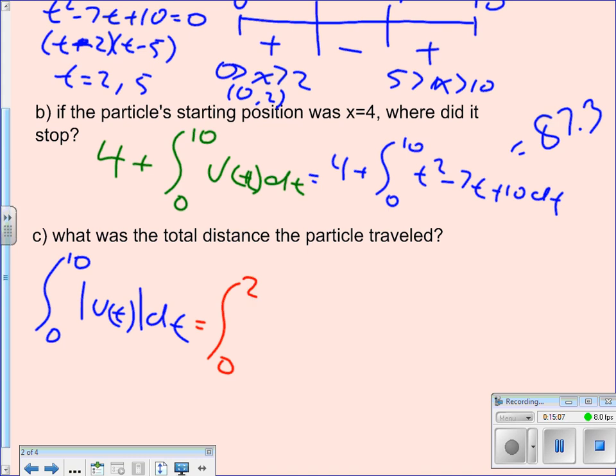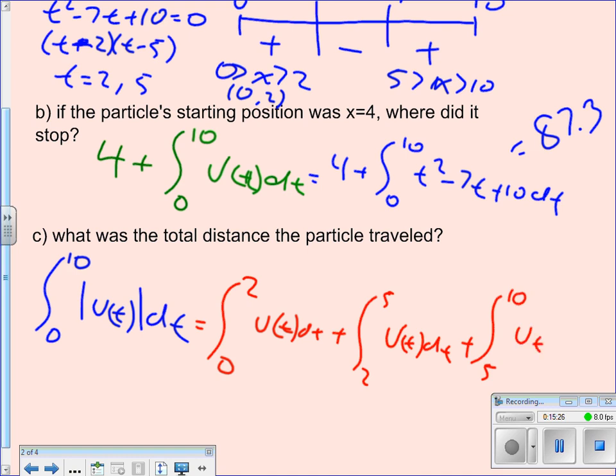So we do an integral from 0 to 2 of v of t dt plus an integral from 2 to 5 of v of t dt plus an integral from 5 to 10 of v of t dt. However, if we do it as it stands now, what do we actually have? We actually have the displacement, because some of those values are going to be negative.